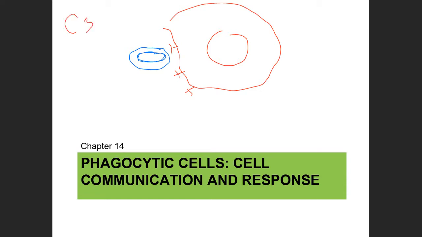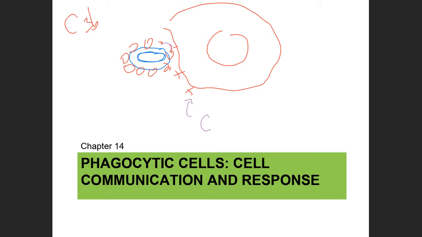C3b is the complement molecule that is going to opsonize. C3b is going to cover the bacterial cell. That's called opsonization. And the phagocytic cell actually has receptors for C3b.